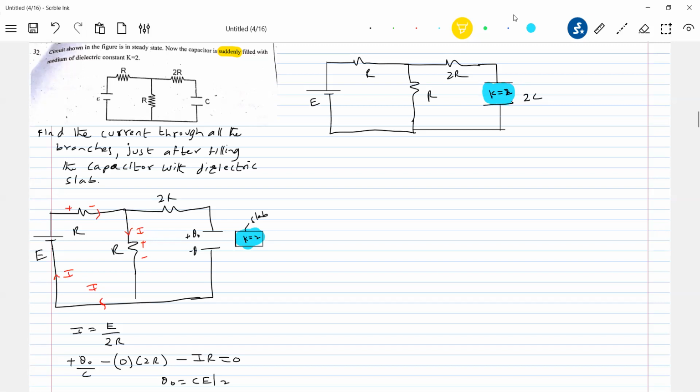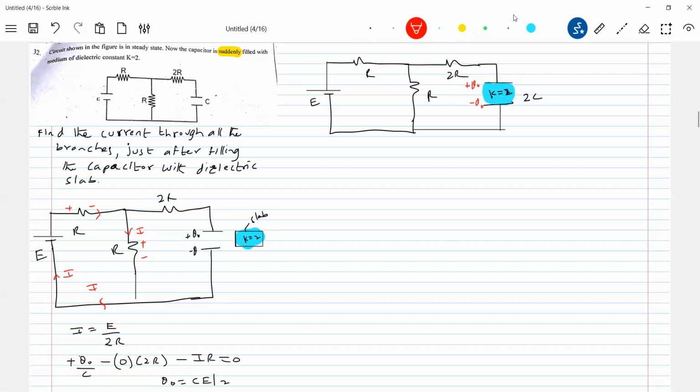From where has the charge come? So the charge will remain as it is. Due to sudden fill up of the capacitor by dielectric slab, the charge will remain as it is. At that instant, the moment you fill up, the charge will be Q naught only.